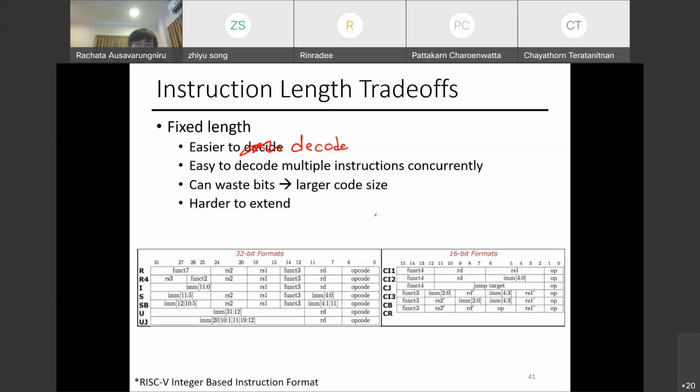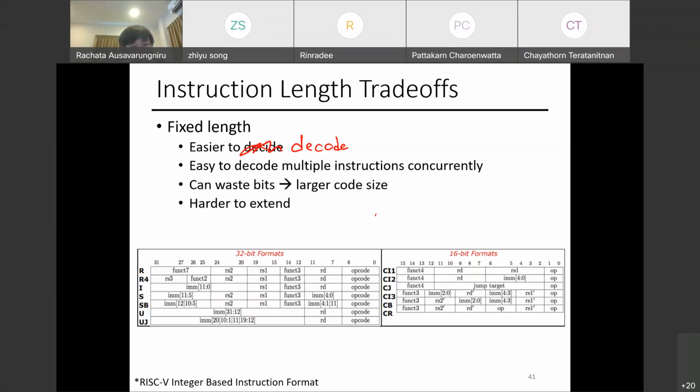And here's one of the examples. This is RISC-V. RISC-V actually offers both a 16-bit format and a 32-bit format, and you can go and look at this. You see that it always uses this strict 32 bits. But then if you run out of extension space, then you're screwed, right? In this case, there's not a lot of unused space.